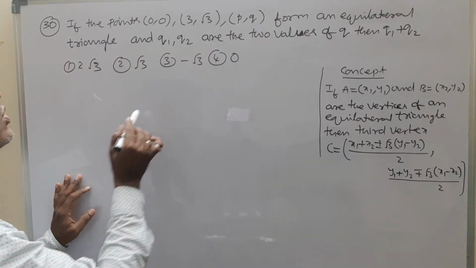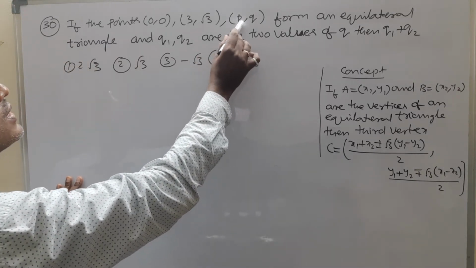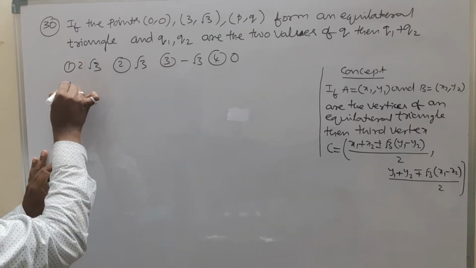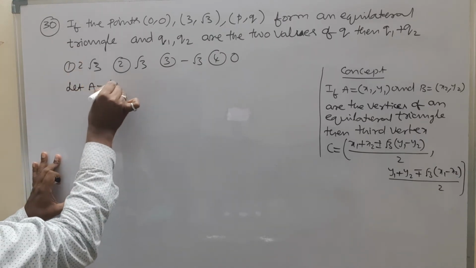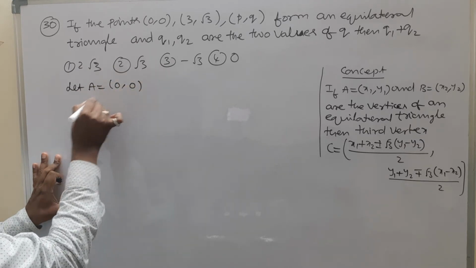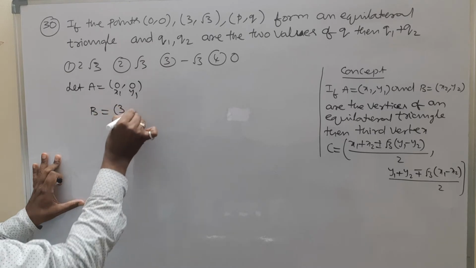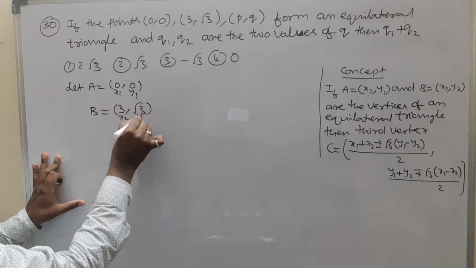Here in this question the third vertex is (p, q). First vertex, let A equal to (0, 0), this is (x1, y1). B equal to (3, root 3), this is (x2, y2).